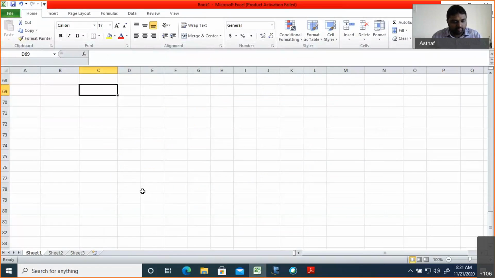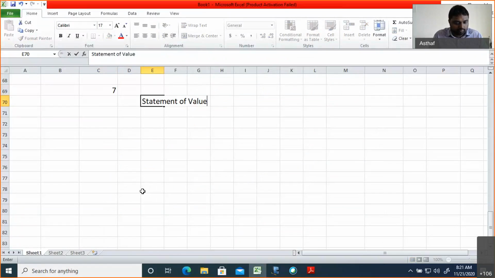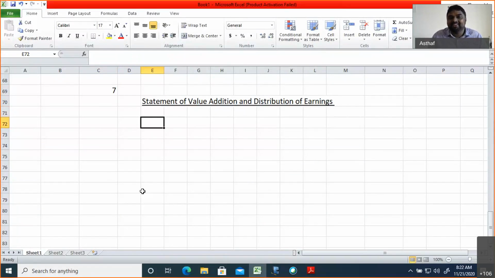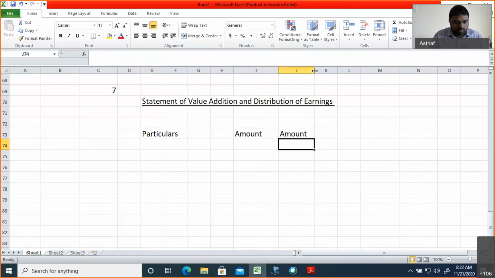Question number 7. Statement of value addition and distribution of earnings. What is the gross sales?